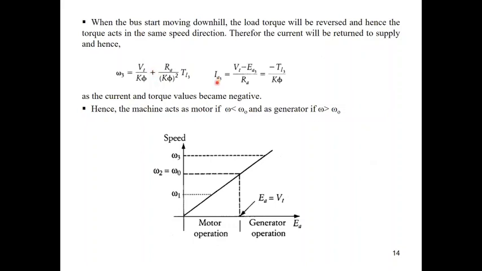And simply IA3 equals the same relation, V terminal minus E divided by R, but because the E will be higher than V terminal, you will find this part with a negative sign. So it will be a minus value. So the current will be negative. So for regenerative braking, as expected, the current will be negative, the torque will be negative, and the EMF and speed will be positive.